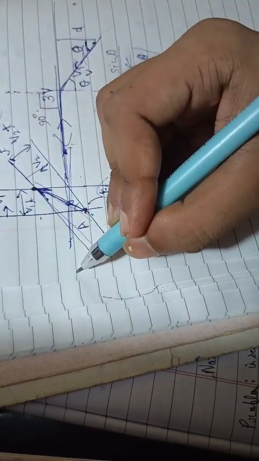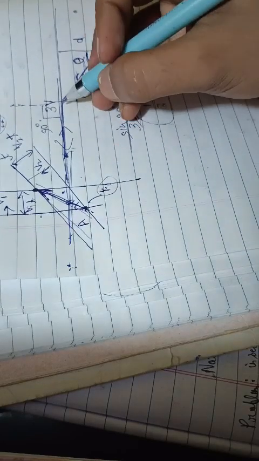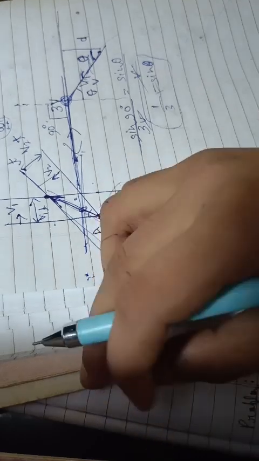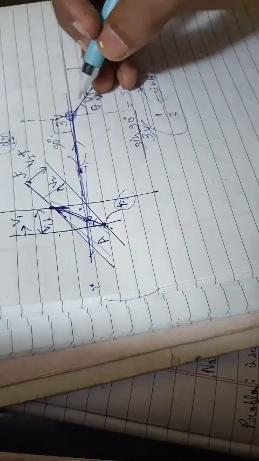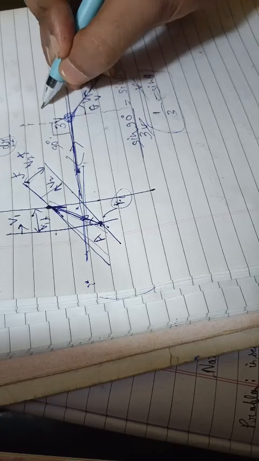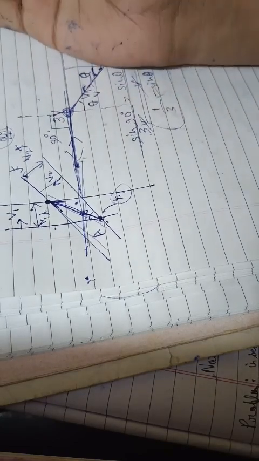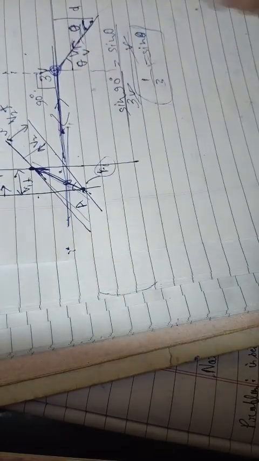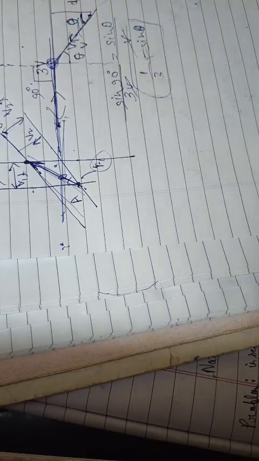If a particle moves from any point, it can start from this point, this point, this point, it will always bend at this point. No matter if it comes from infinity, it will bend at this point and go there. So remember that the path for one way is also the same for the reverse way.